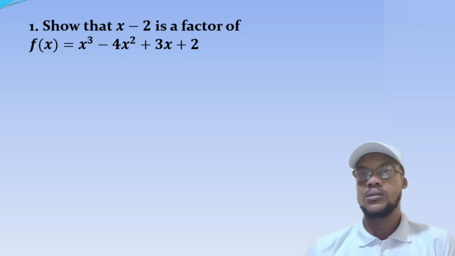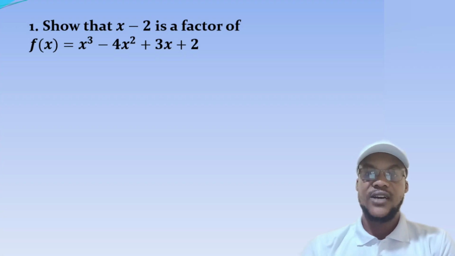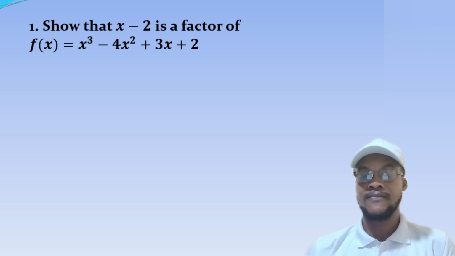So this question demands we show. We are going to divide the polynomial function f of x by x minus 2. If we are able to get the remainder as 0, then we can conclude that x minus 2 is a factor of f of x.